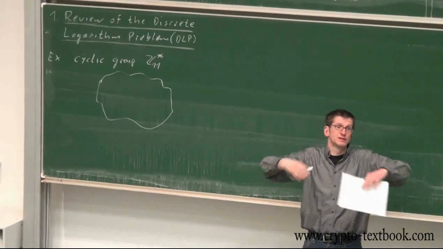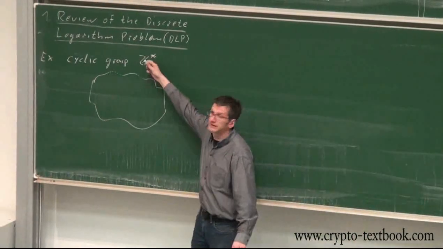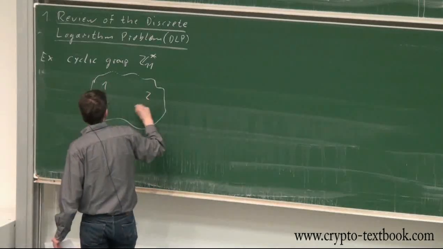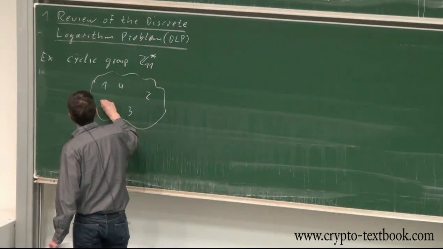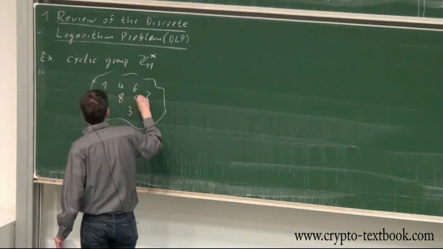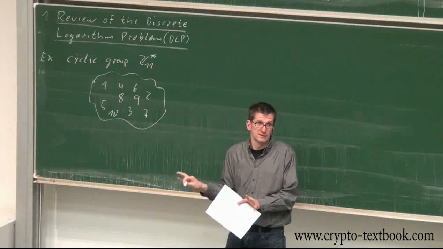Well, it's the set, die Menge, of 10 elements, except the 0. That's where we put the star here. So we have the elements 1, 2, 3, 4, 5, 6, 7, 8, 9, and 10. Okay? That's not very deep.